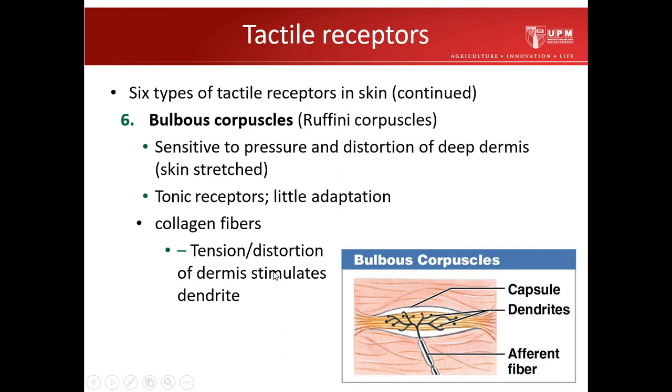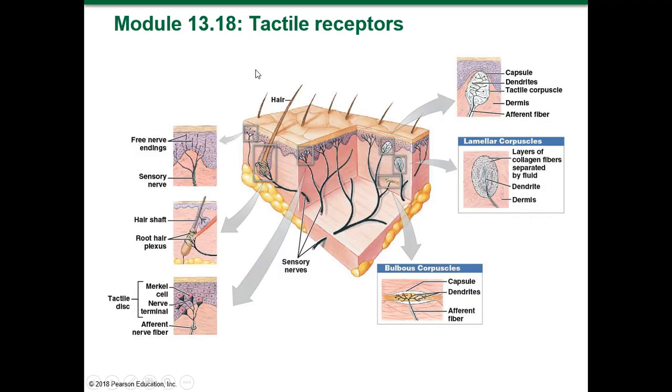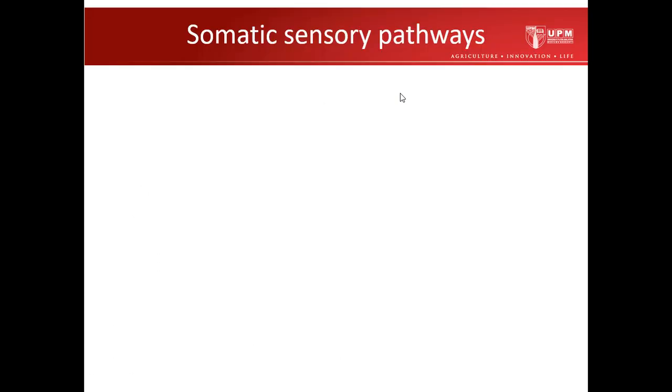Any tension or distortion of the dermis will stimulate these dendrites and alter the activity in the myelinated afferent fibers. This slide shows the locations of all 6 tactile receptors that you can find within the skin. Next, let's take a look at the somatic sensory pathways.